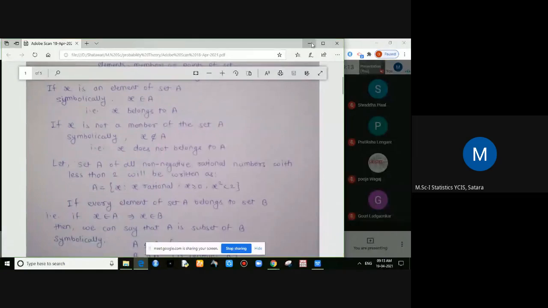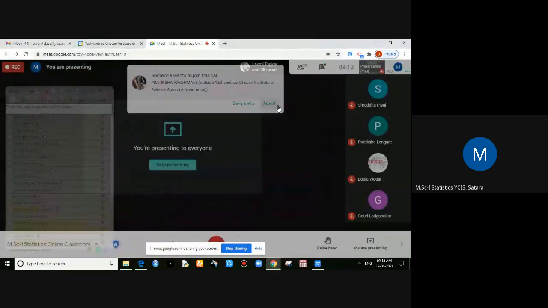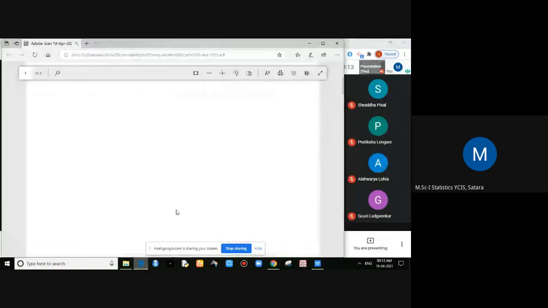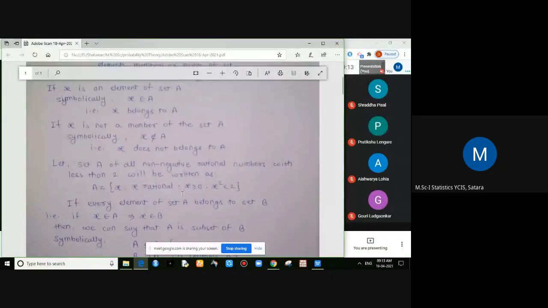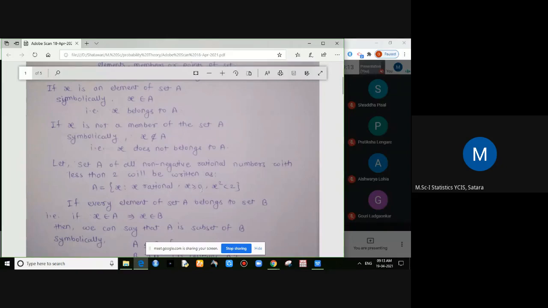Then the set A is the collection of all such objects satisfying all these properties, that is, X must be greater than or equal to 0, and if we take its square it must be less than 2. This is the set A, and this is the way to write or represent any set.